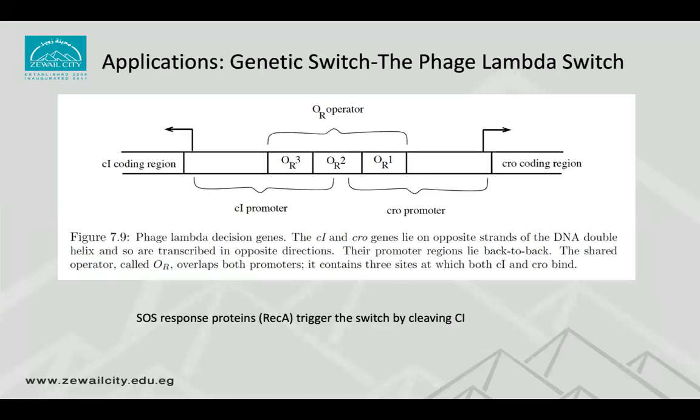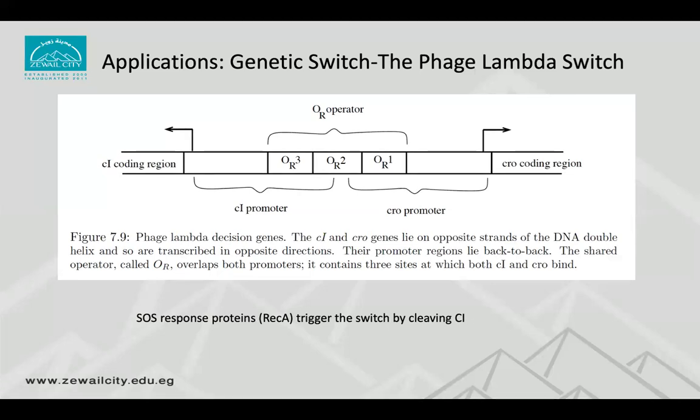This is a viral switch between two different modes, the lysogenic mode and the lytic mode. In one mode, the virus just sits within the genome of the host, and it just reproduces itself when the host reproduces.